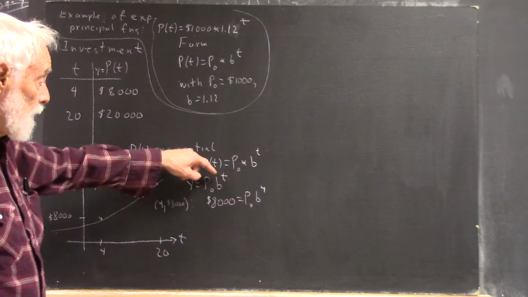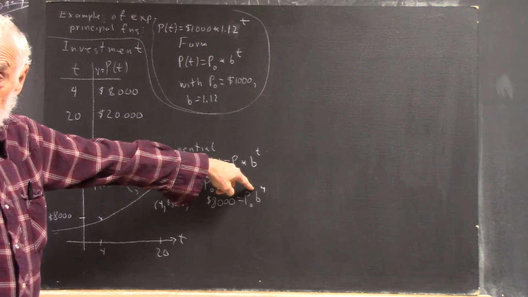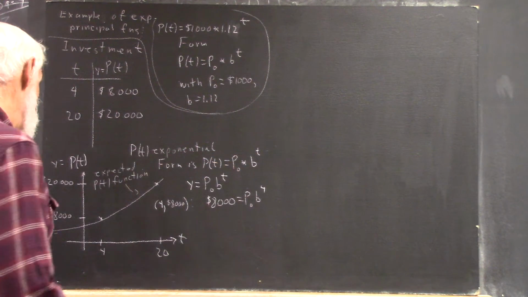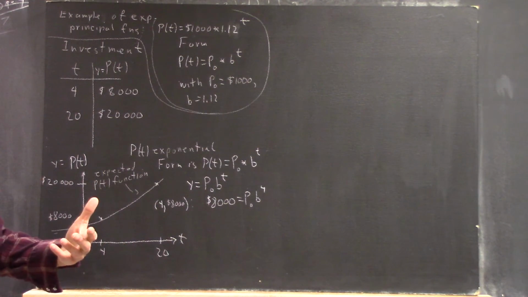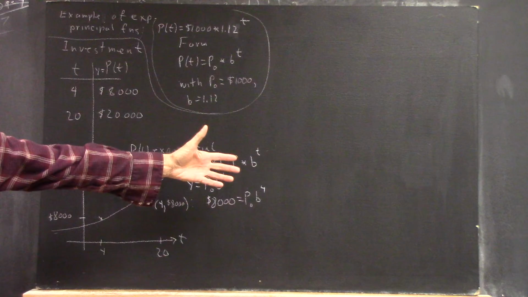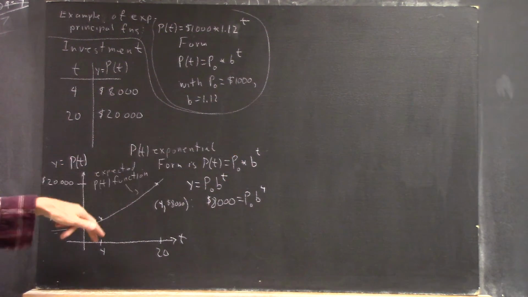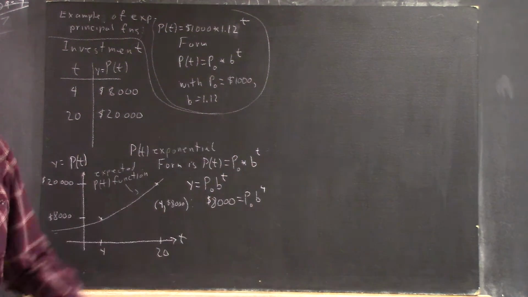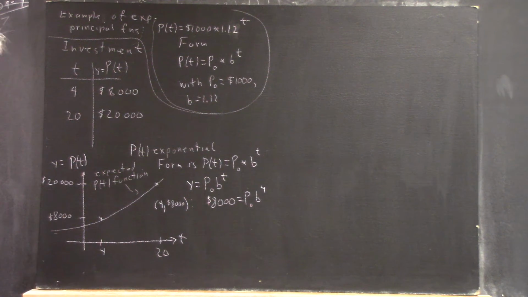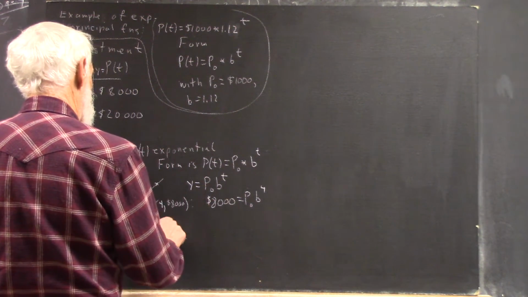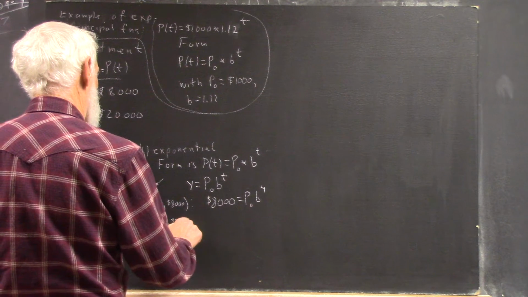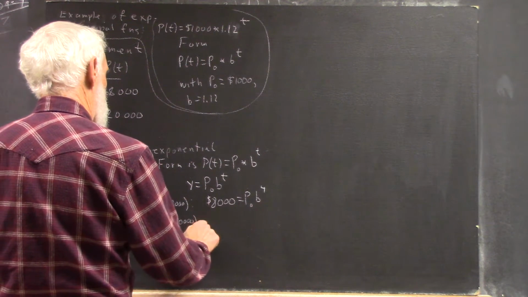Y is $8,000, T is 4. If you've got 2 points in a Y versus T graph or whatever, and you've got a form that has Y and T in it, you take the coordinates of each point and you put it into that form. You get an equation. And we have then the other point, 20,000, gives us this.